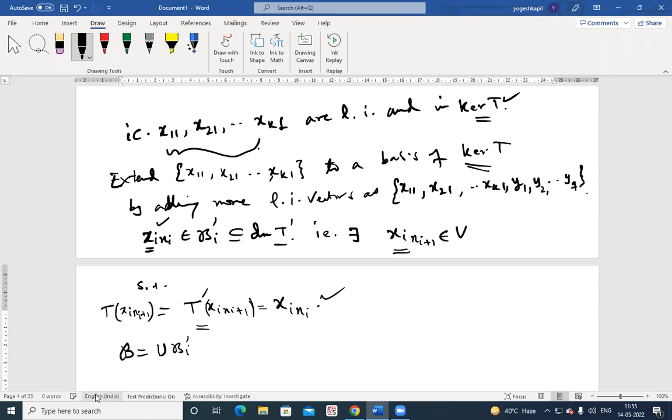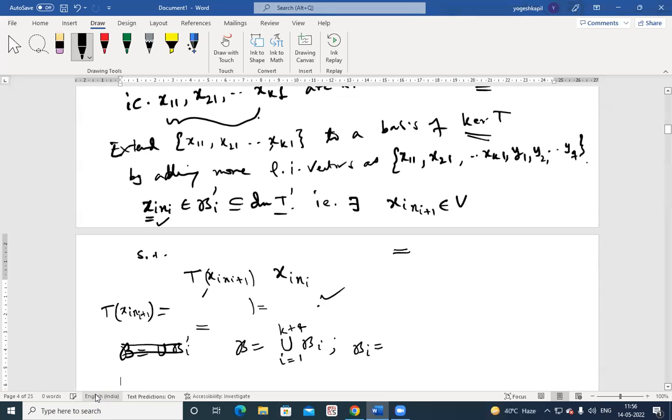Let me just cancel this. It is not erasing. So let me write this. B is union of bi's, i ranging from 1 to K plus Q. What are Bi's? Let me just explain these Bi's.